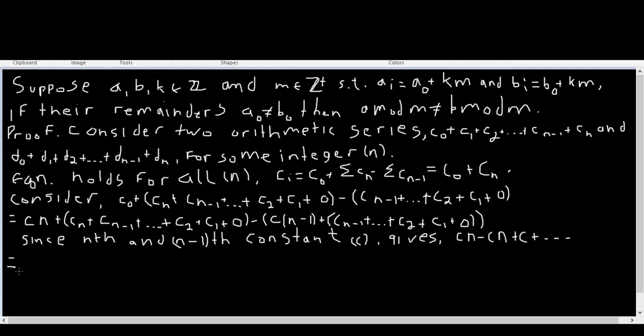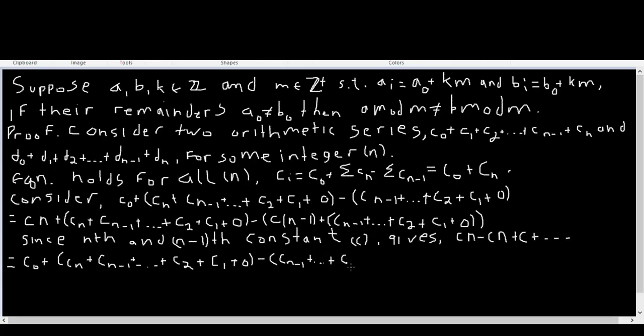All right, and if you notice, there's an nth and n minus 1 nth constant C derived from the sums, respectively, which gives C sub n minus C sub n plus those two expressions. To save some space, it should be clear what those two expressions are.